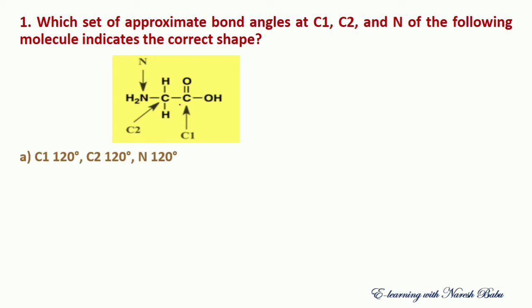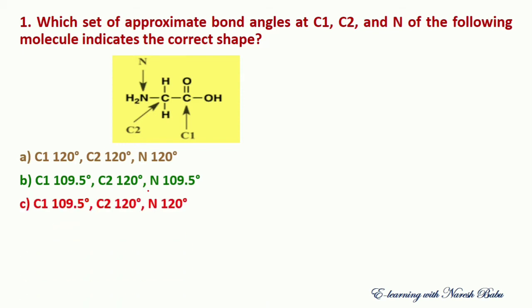So the given options are: A, C1 120, C2 120, N 120; B, C1 109.5, C2 120, N 109.5 degrees; C, C1 109.5, C2 120, N 120; and D, C1 120, C2 109.5, and N 109.5.